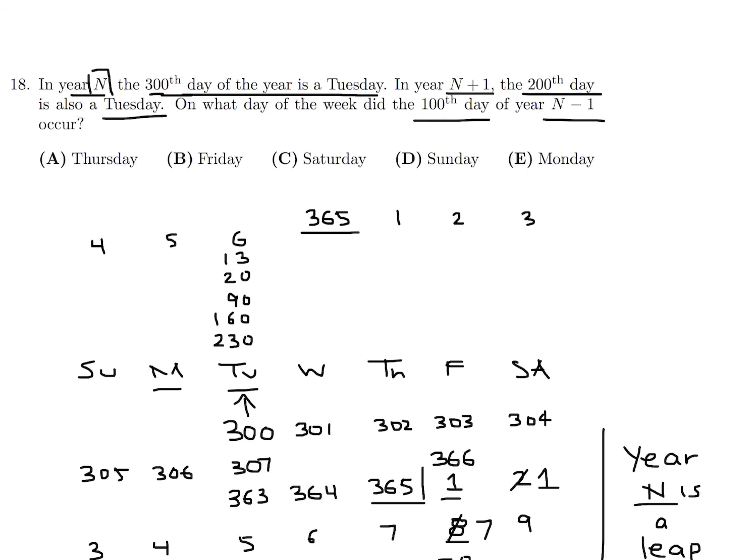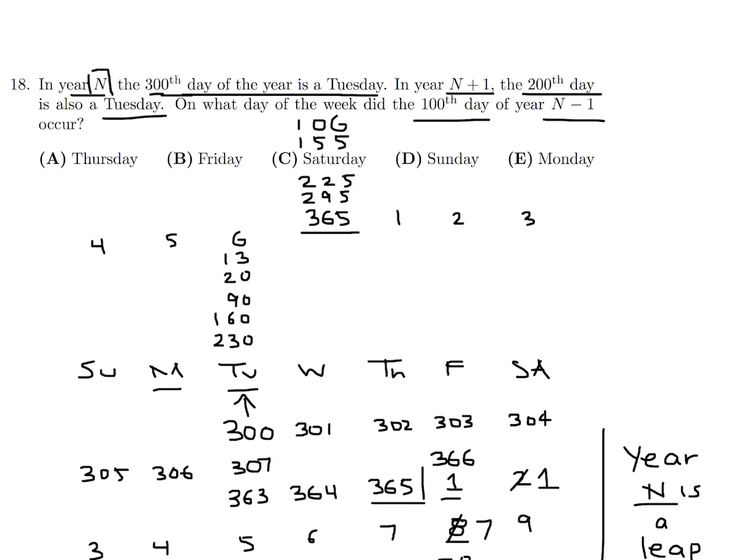So we just subtract by 70. So you get 295, and then 225, and so on, like that. 155, and then subtract by 7s, and eventually you'll get down to 106.